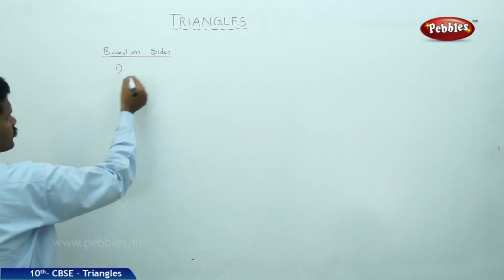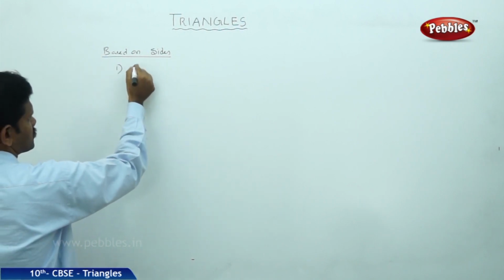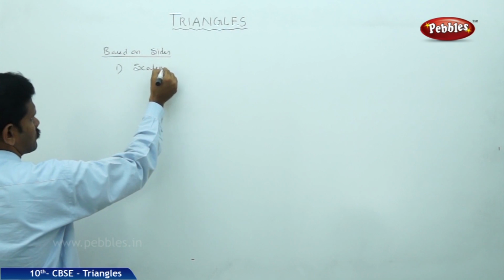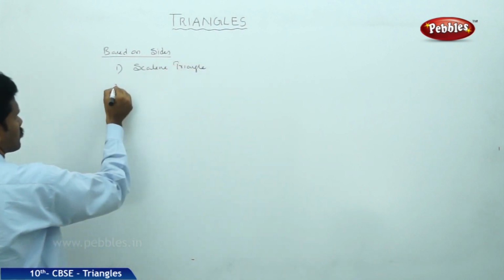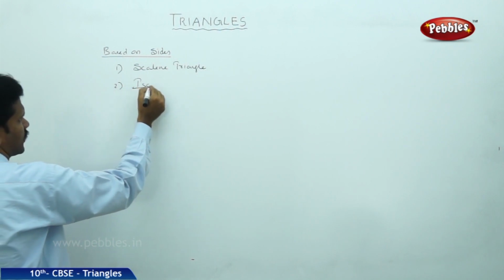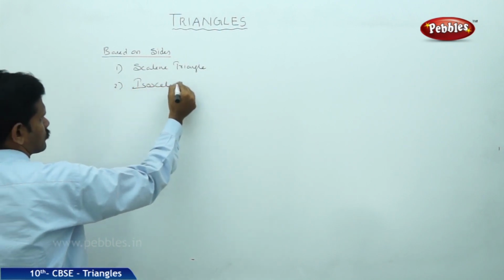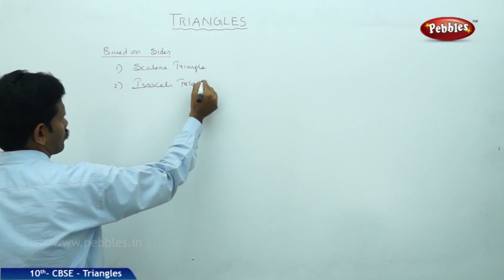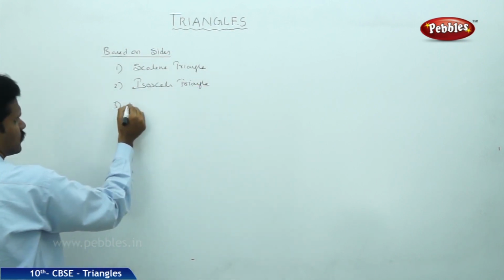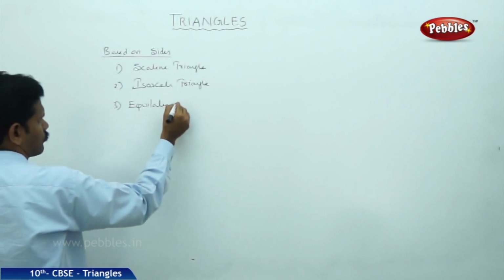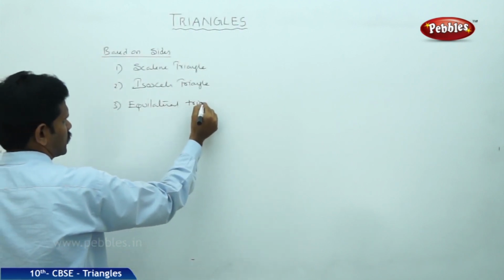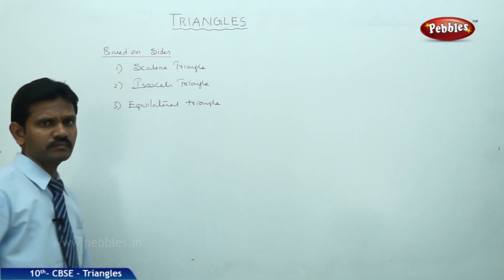That is, scalene triangle, isosceles triangle, third one equilateral triangle.